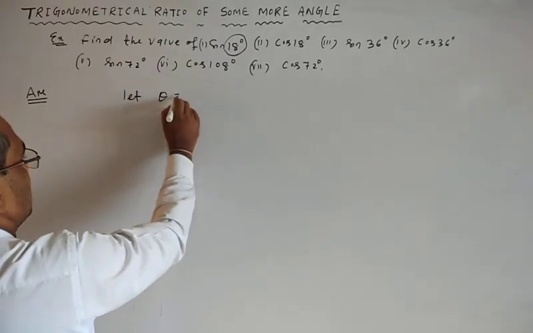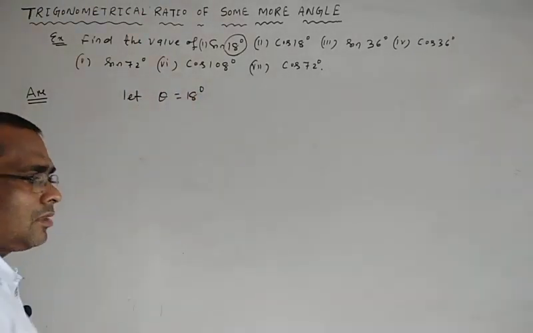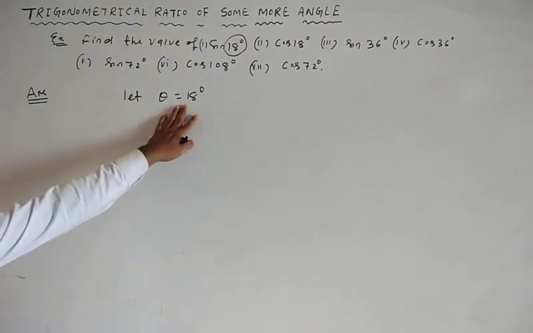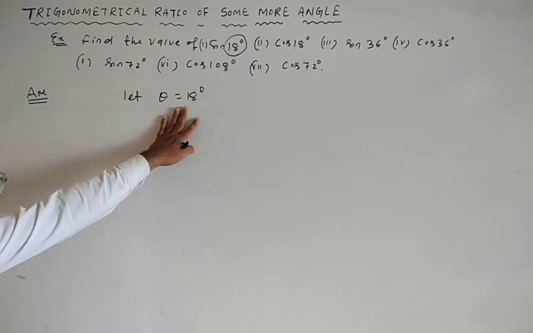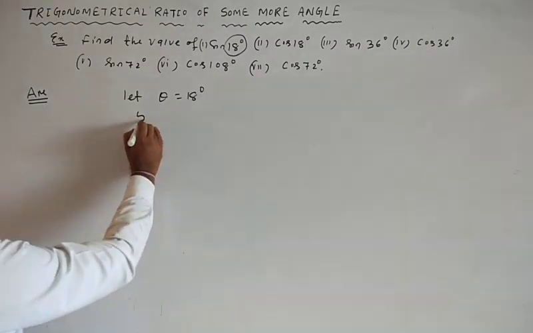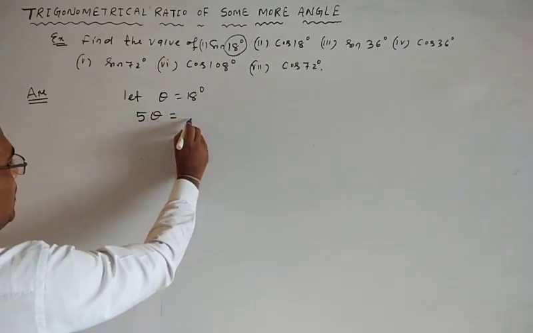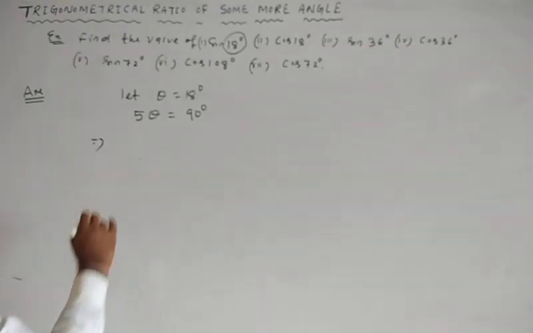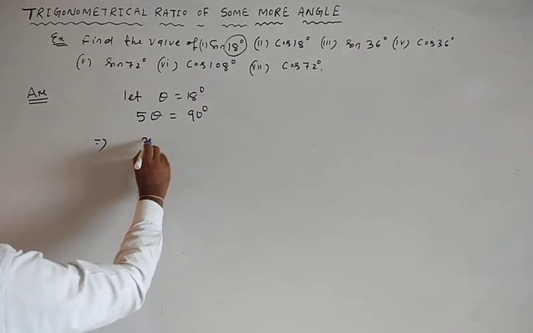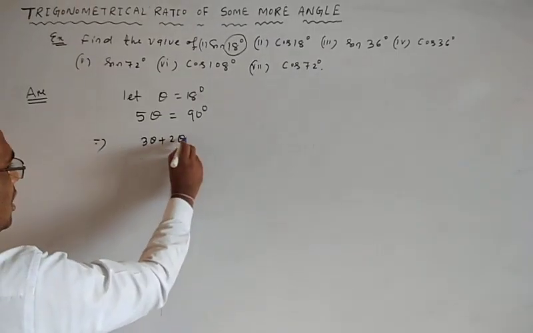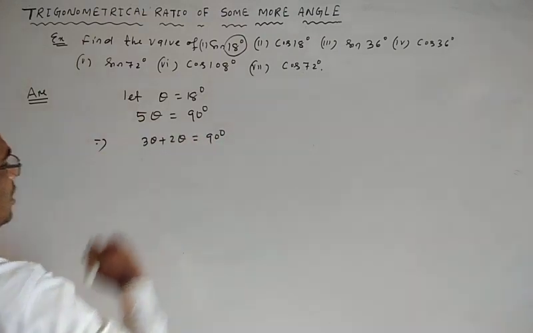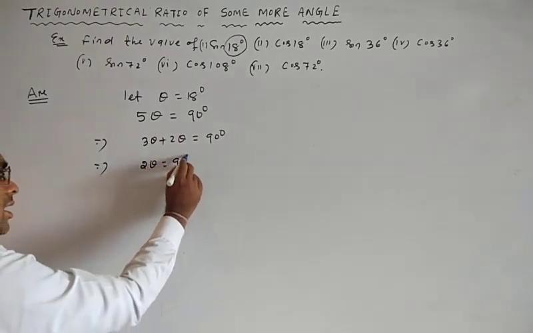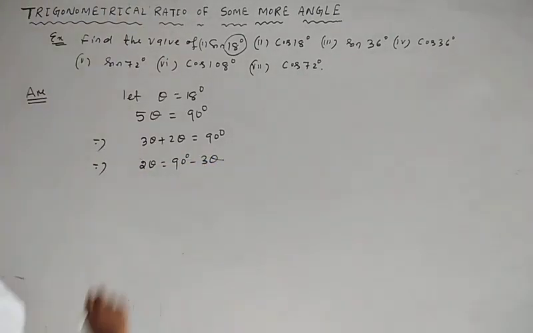Let theta equal to 18 degree, that implies, now multiplying by 5 on both sides, because 5 into 18 is equal to 90 degree, 5 theta equal to 90 degree, that implies 5 theta means 3 theta plus 2 theta equal to 90 degree, and that implies 2 theta equal to 90 degree minus 3 theta.